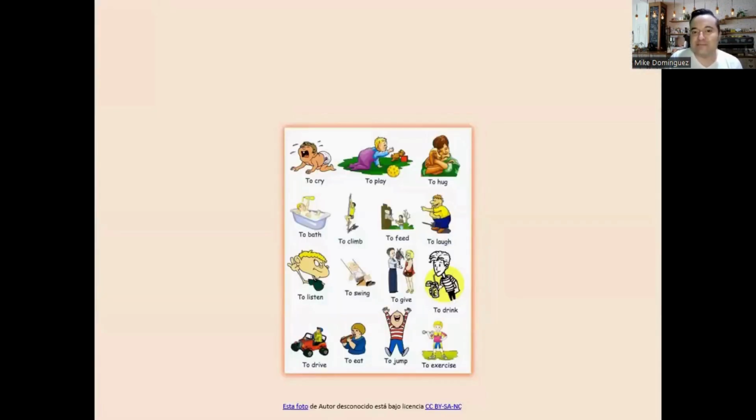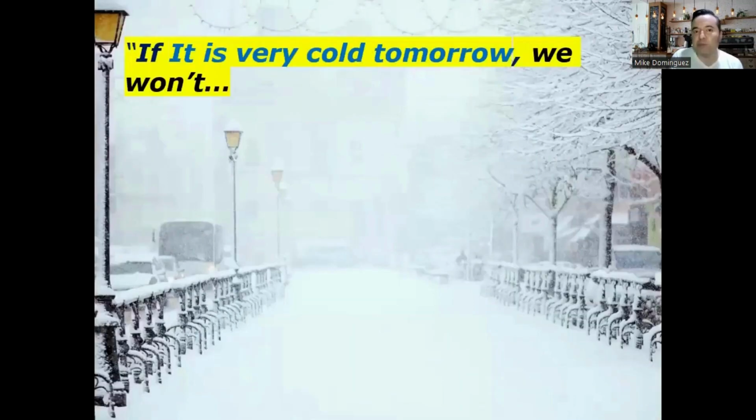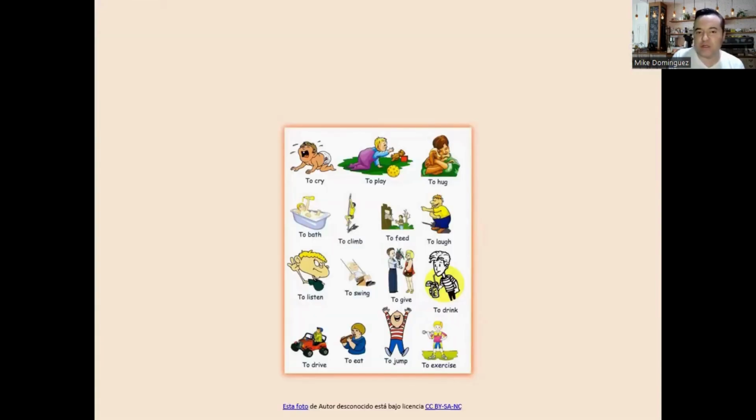So these are different verbs you can use to express or complement your action. If it's very cold tomorrow, we won't, and there you have a variation: play, cry, hug, take a bath, climb, feed, laugh, listen, swim, give, drink, drive, eat, jump, exercise.